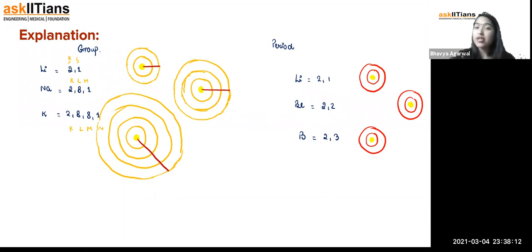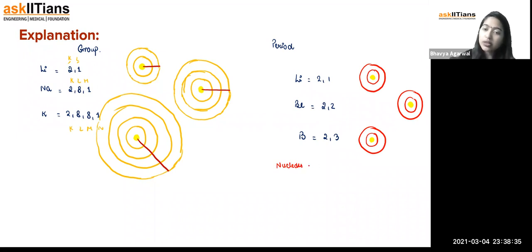Now, what happens? There is a term which we have used, and that is your effective nuclear charge. Now, what do you mean by this term called effective nuclear charge? See, we simply mean that if you keep on adding more protons in the nucleus, then what happens?